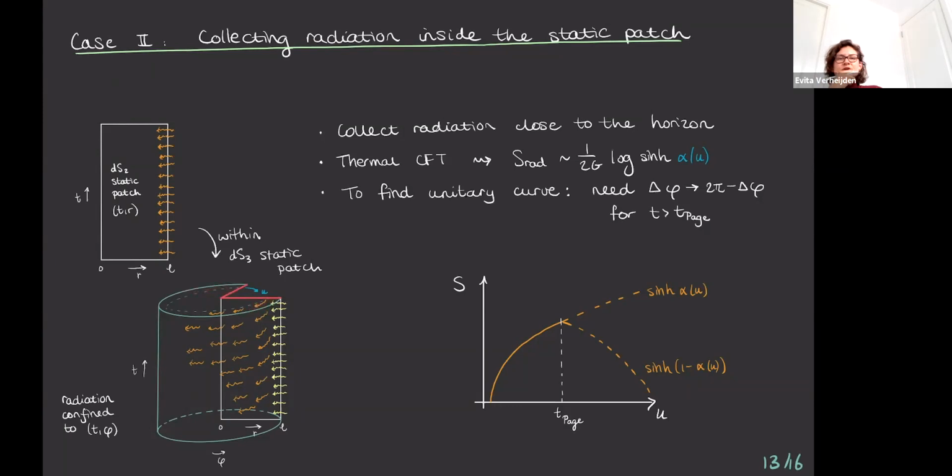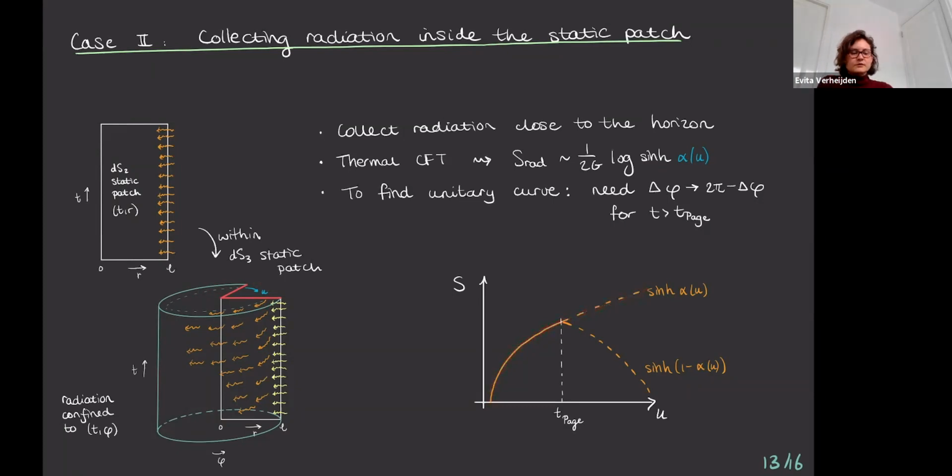If we look at this 2D subsystem, it's flat and it's thermal. So we can use our thermal CFT formula. And if we do so for this angular separation delta phi, in terms of alpha, we find a very similar behavior, but crucially different. Instead of a sine, we find a sinh. And this is in principle an ever increasing formula.